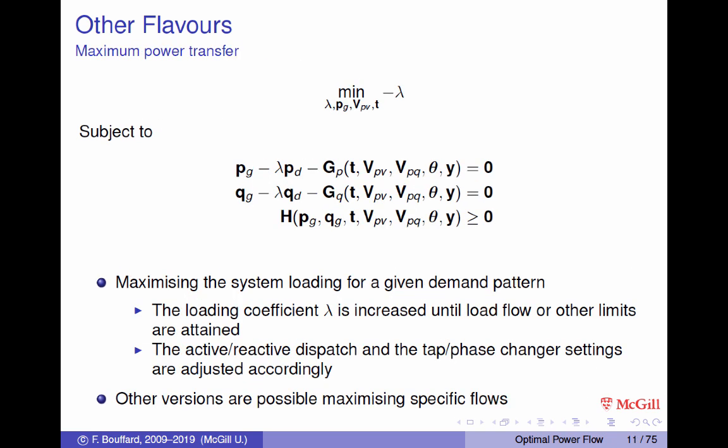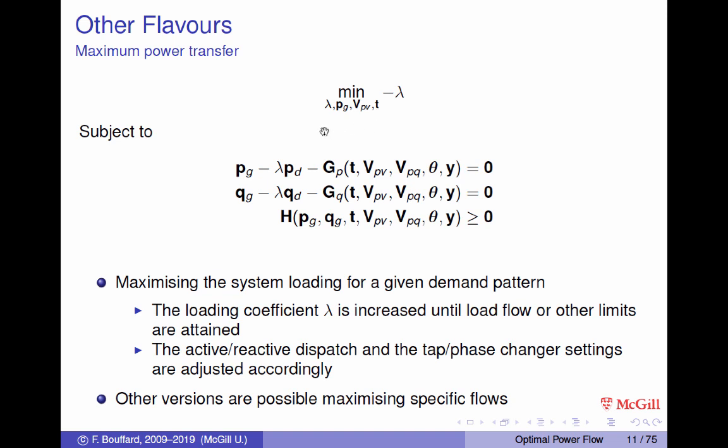The maximum power transfer OPF is also quite similar. So here the idea is that we're minimizing minus lambda, or effectively maximizing lambda. Lambda is a scalar in this case. And we're optimizing over generation, voltage set points, and tap changers.